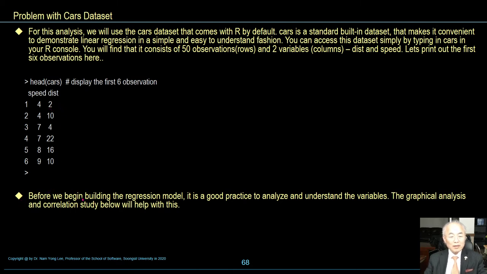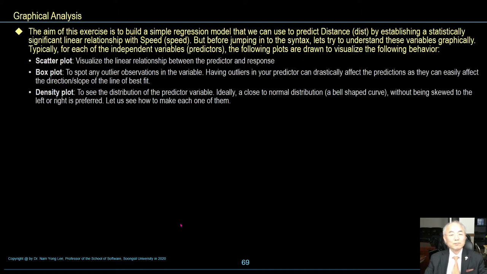Before we begin building the regression model, it's a good practice to analyze and understand the variables. The graphical analysis and correlation study below will help with this. Graphical analysis.